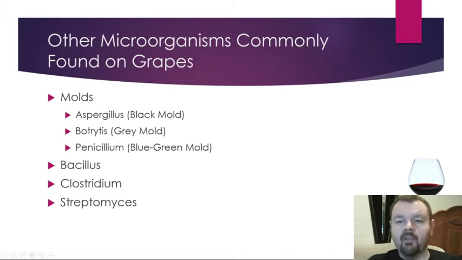Now, I do have listed other things that are common to find on grapes, such as Bacillus, Clostridium, and Streptomyces. But the truth is that wine is kind of a hostile environment, and we'll get into that a little bit later, and it's very unlikely that they'll live through the alcohol fermentation process.